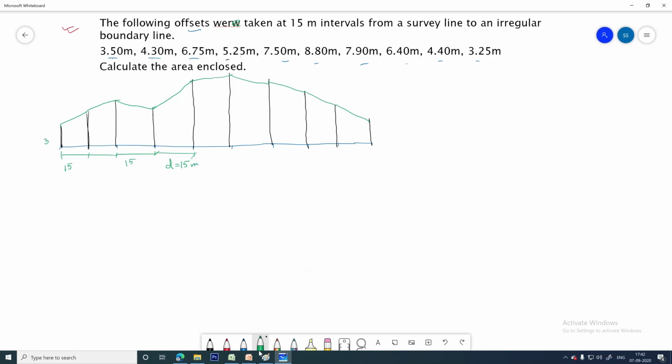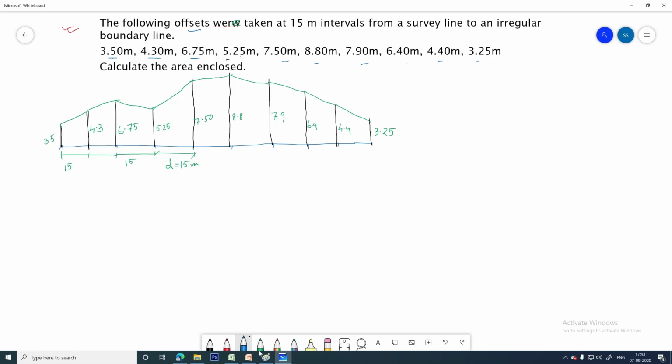This is 3.5, this is 4.3, this is 6.75, this one is 5.25, this is 7.50, this is 8.8, this is 7.9, this is 6.4, this is 4.4, and this is 3.25.